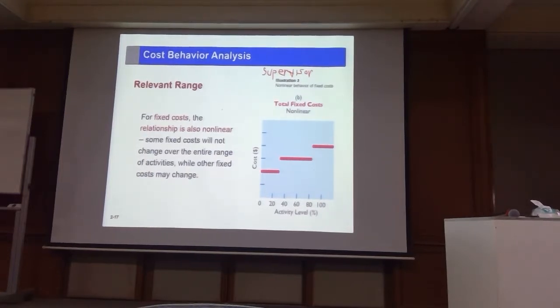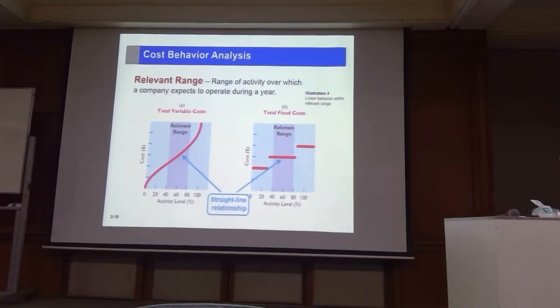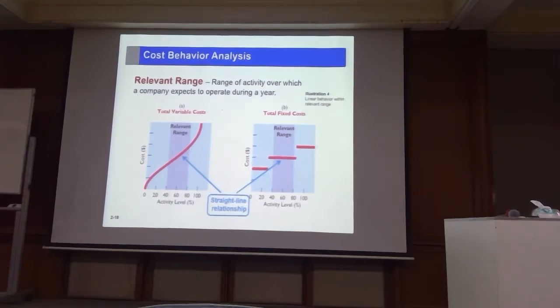So in practice, in reality, the behavior of fixed cost is more like steps. It's not a straight line all the time, okay? But to make it easy for us, think about the company in reality. When they operate, they tend to operate not too little and not too much, right? Let me set the X here as the activity level, the production activities, okay?